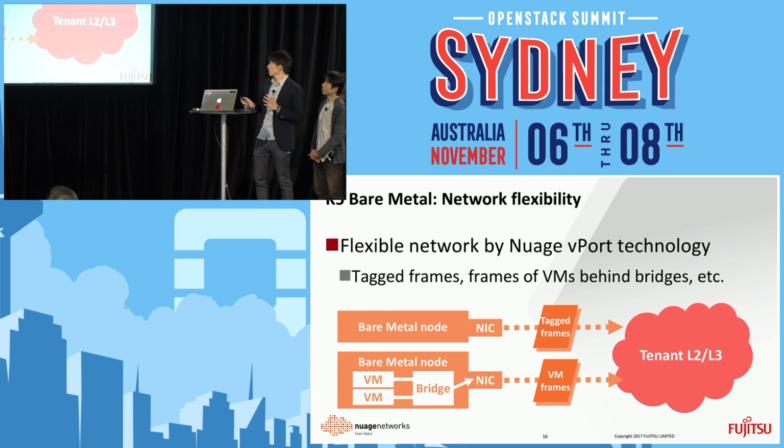And network flexibility by Nuage VSP technology, which can handle tagged frames generated by Baremetal servers, even if there are some virtual bridges and some VMs in Baremetal servers. This feature extends acceptable system structures for lift and shift existing enterprise systems.